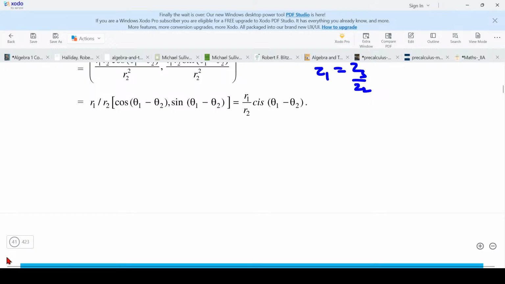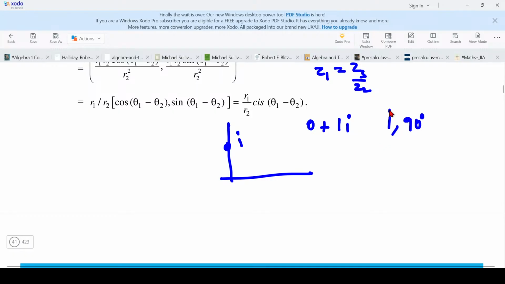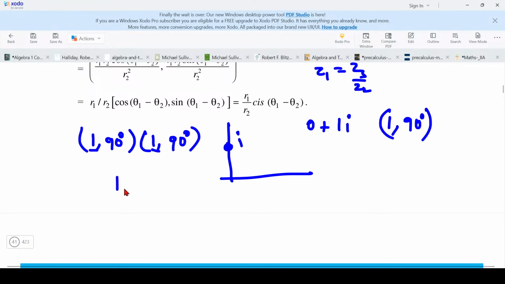Now, for a little understanding, when we talk about I, what does I mean? I means 0 plus 1 into I. What is the magnitude of I? Magnitude is 1. And what is the angle? It is 90 degrees. When we say 1 and 90 degrees, we mean I. Now 1 and 90 degrees multiplied with 1 and 90 degrees: magnitudes get multiplied, we get 1.